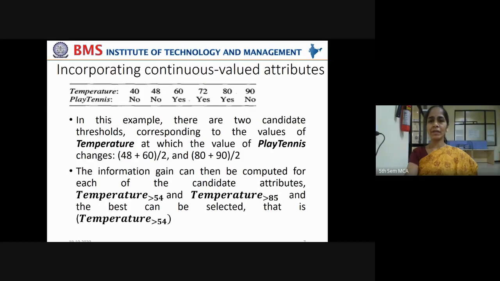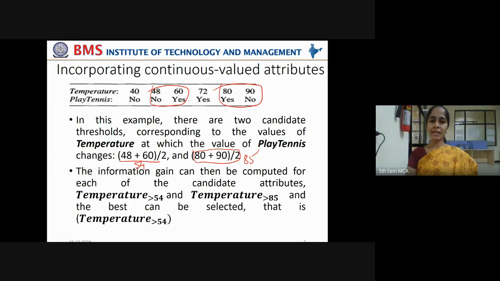In this example, there are two candidate thresholds, corresponding to the values of temperature at which the value of play tennis changes: 48 plus 60 by 2 gives you 54, and 80 plus 90 by 2 gives you 85. Understood clearly? Any doubt with this, students?